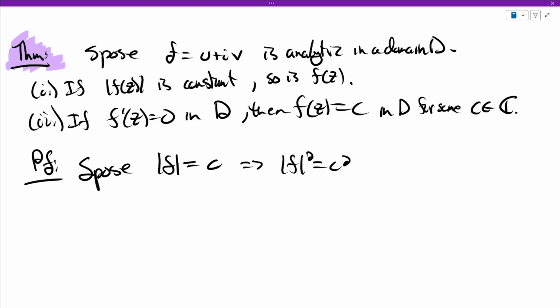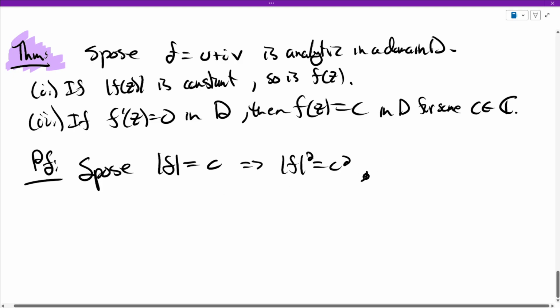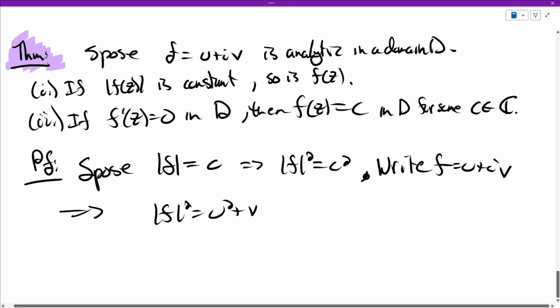Okay, so if we write f as some real plus imaginary part, then the modulus of f squared is u squared plus v squared. And so u squared plus v squared is a constant, whatever that c squared was, the c for f.